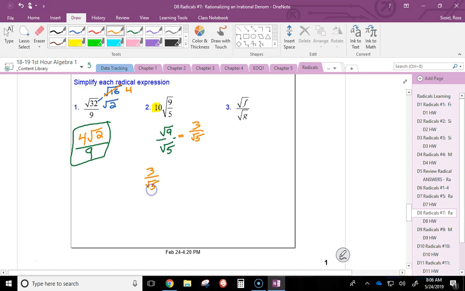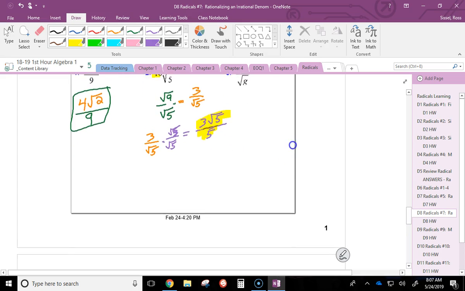And how do I get rid of that square root of 5? Oops, I wrote 3. So then I'd have 3 times the square root of 5 all over 5. And I now have my 10 there still.